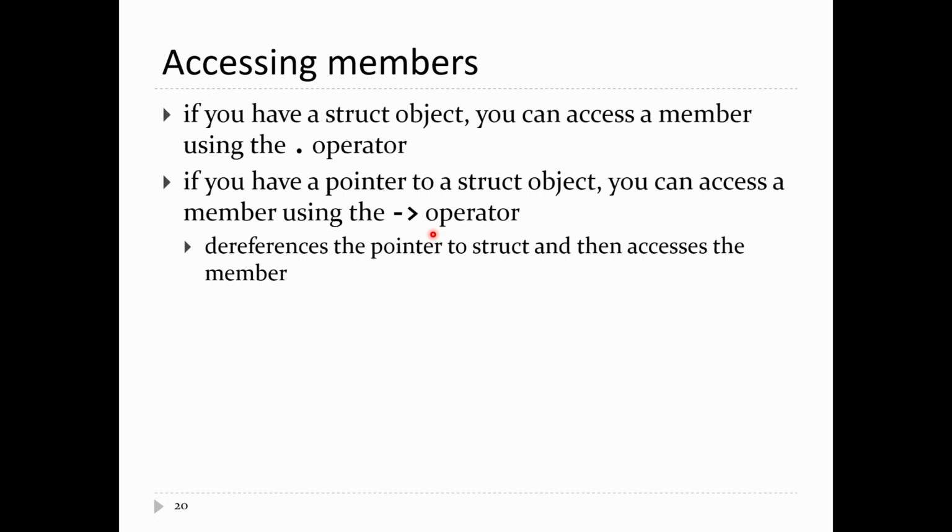You use hyphen greater than to access the member variable. What that does is automatically dereference the pointer for you. Normally you'd have to dereference it. If you use minus greater than, that dereferences it for you and then gives you access to the member. You can, if you want to, manually dereference the pointer, and I'll show you an example of that also.